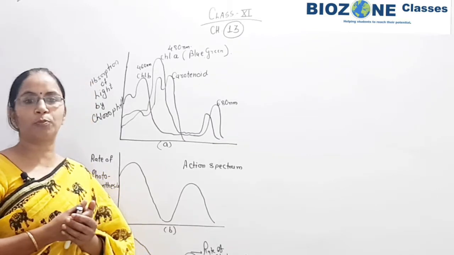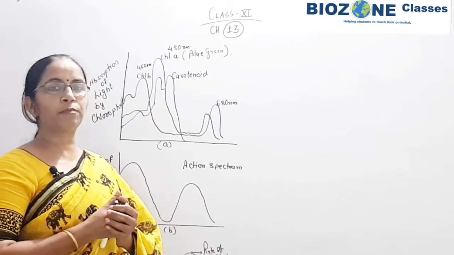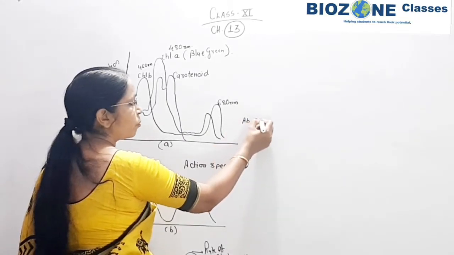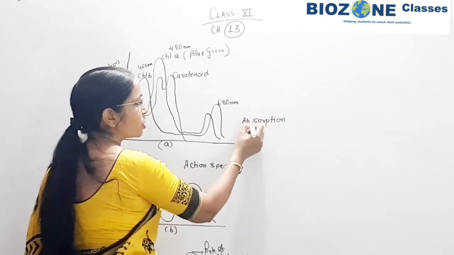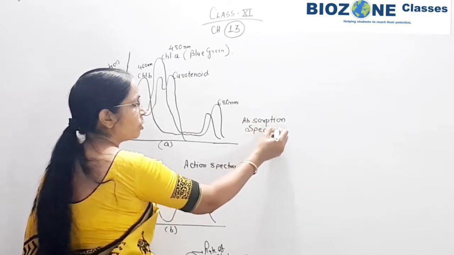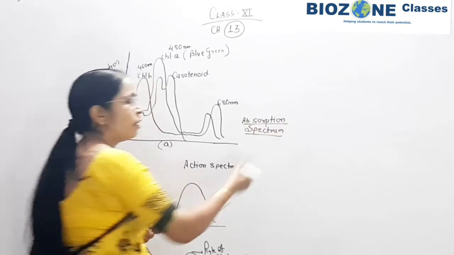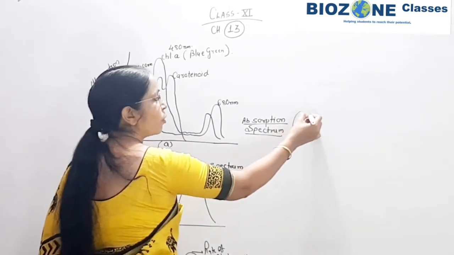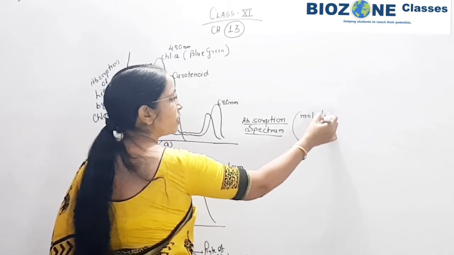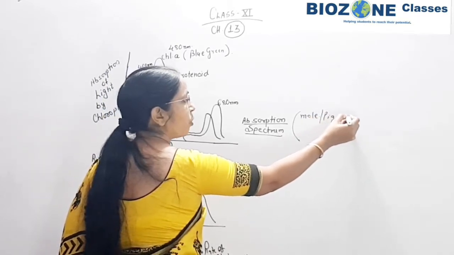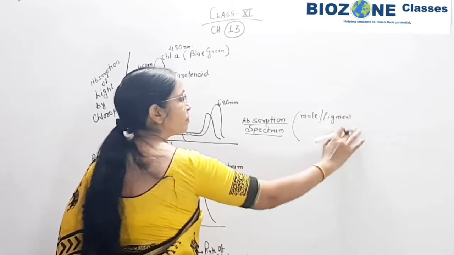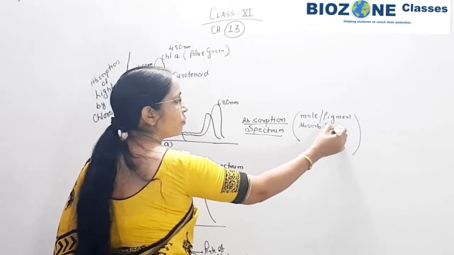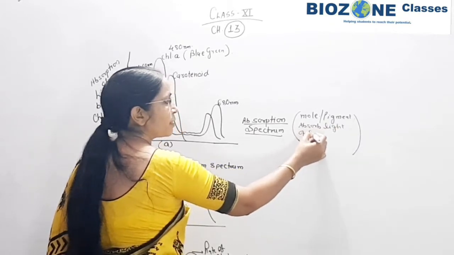Now what is the absorption spectrum? The first graph A of NCERT explains the absorption spectrum, that means the chlorophyll molecule or photosynthetic pigment absorbs light of specific wavelength.